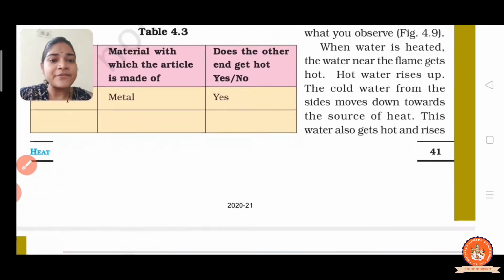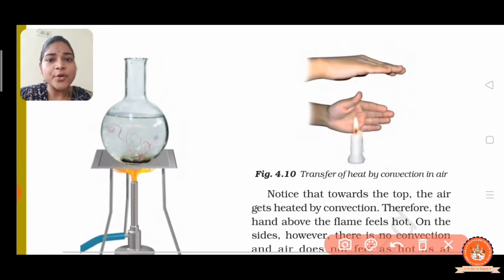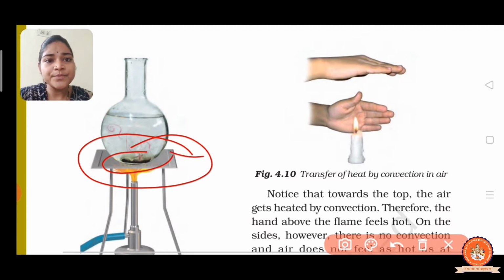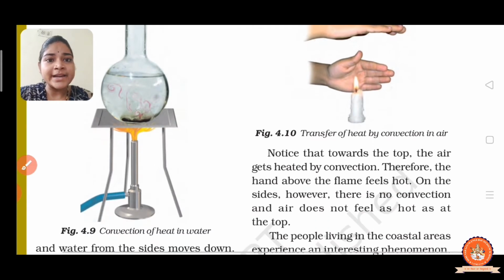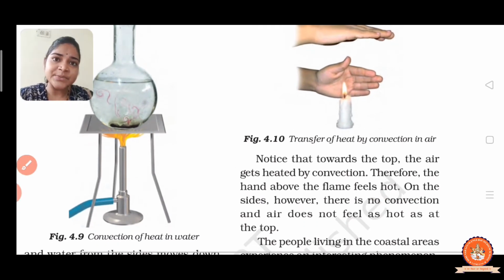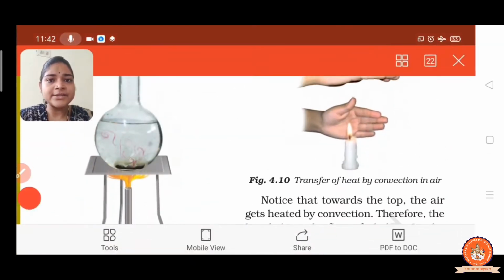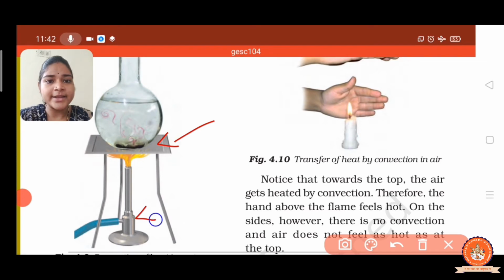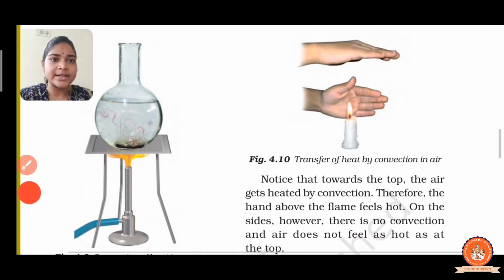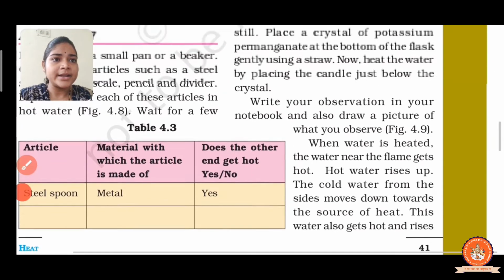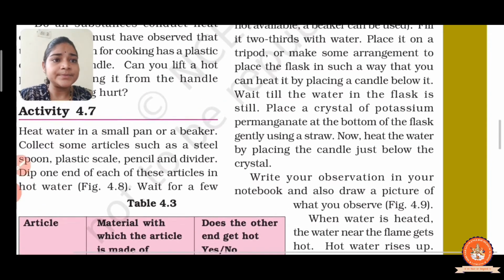That is given in the figure. Place the conical flask this way with the help of wire gauze, and arrange the Bunsen burner just below it. Right? That is given in the figure. So here is the wire gauze and here the Bunsen burner. Right?